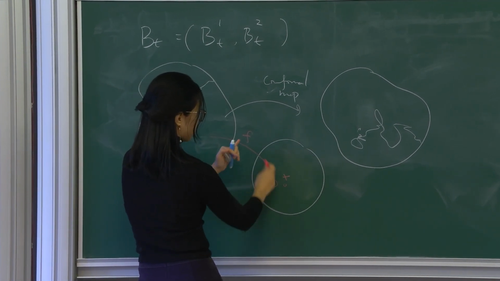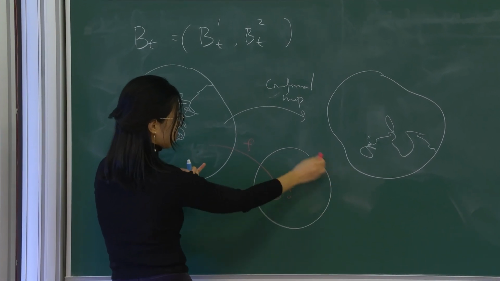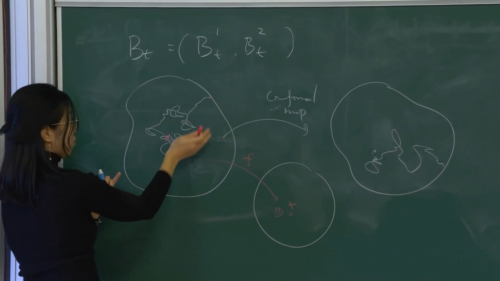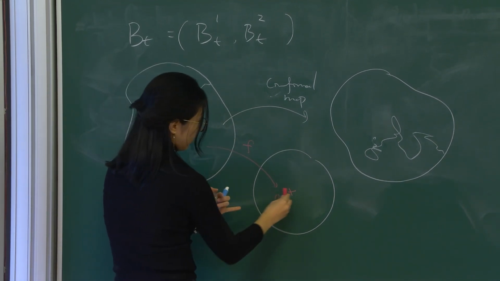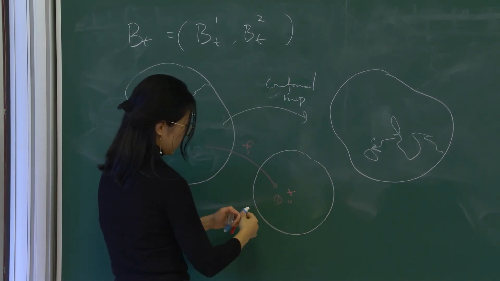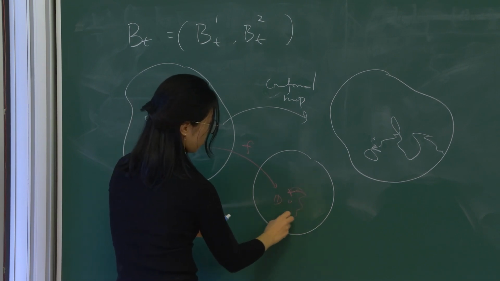The harmonic measure is just the pullback of the uniform measure on the circle to my domain. And for the Brownian motion itself, the uniform measure is the same as the hitting measure of a Brownian motion.